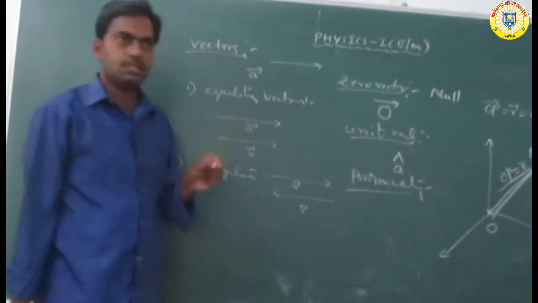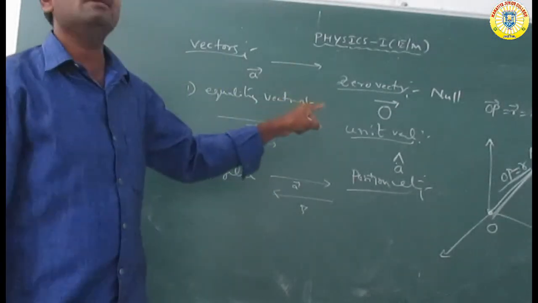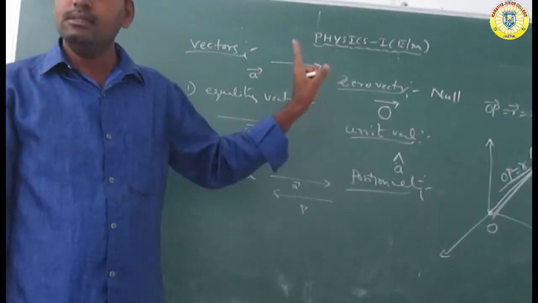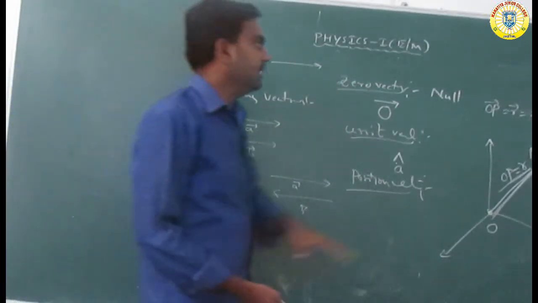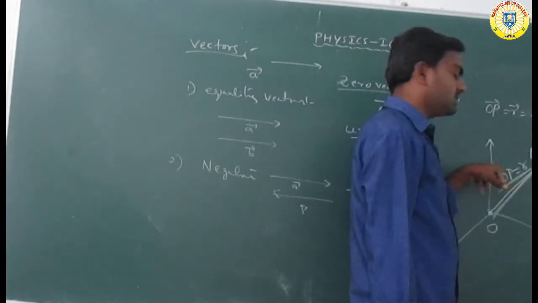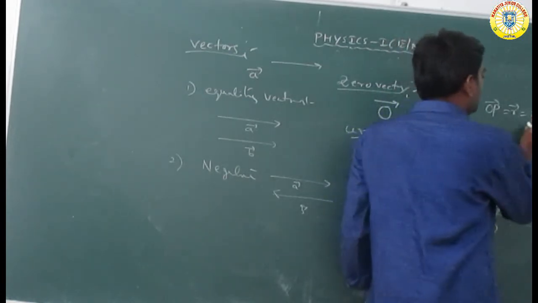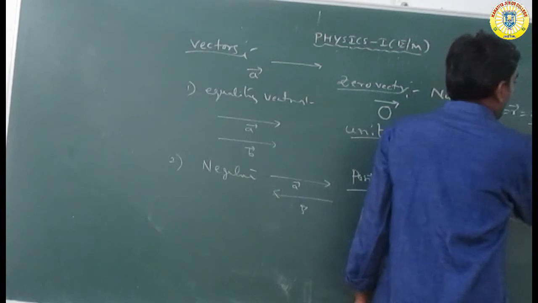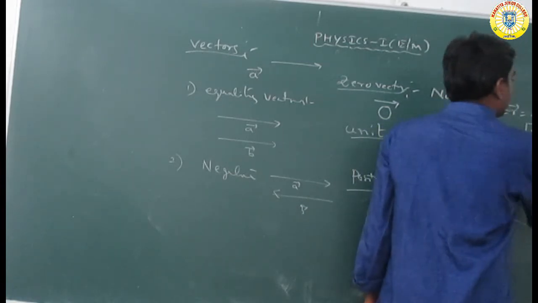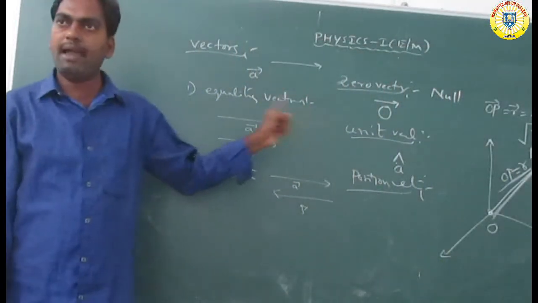So OP equals R equals xi plus yj plus zk represents the position of the vector with respect to x-axis, y-axis, z-axis. The magnitude is also found: the square root of x square plus y square plus z square. Position and magnitude of vectors.